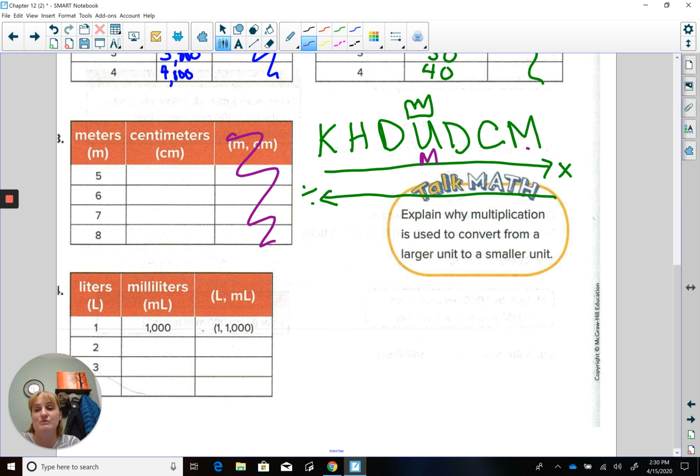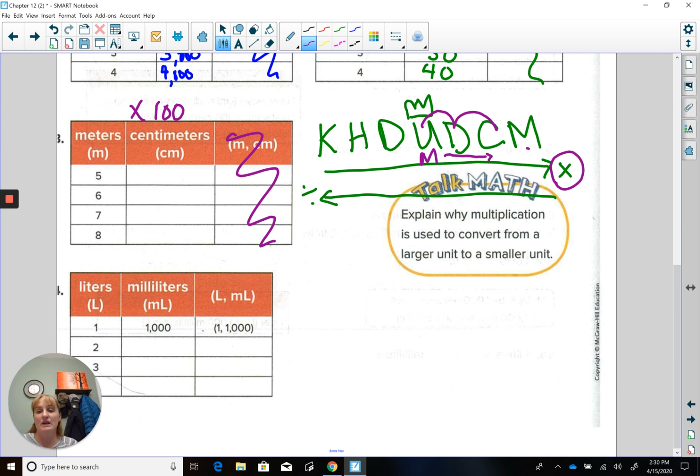So don't get confused with that. Okay, so we're going meters to centimeters. Bam, right here. So we know we're multiplying. By how much? Well, let's take our jumps. 1, 2. So that means we're going to have 2 zeros. There we go. So it's 100, times 100.